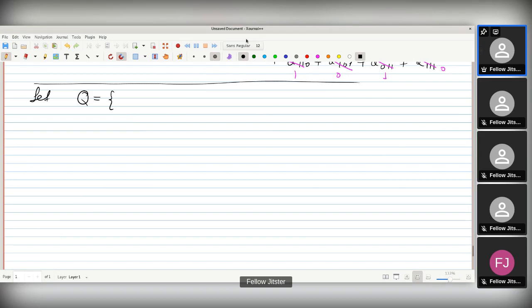Let Q consist of, say, addition, implication, and disjunction. Is it complete or not?